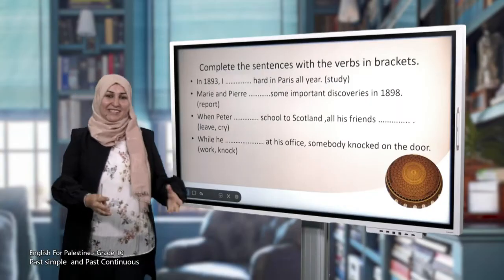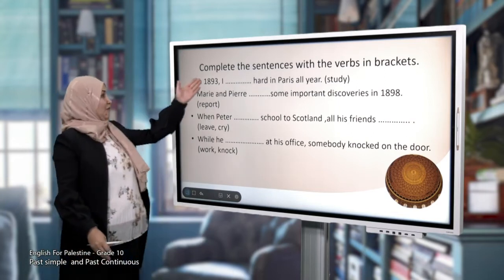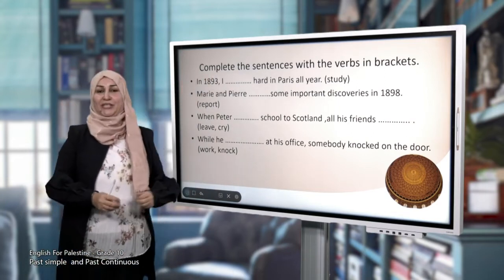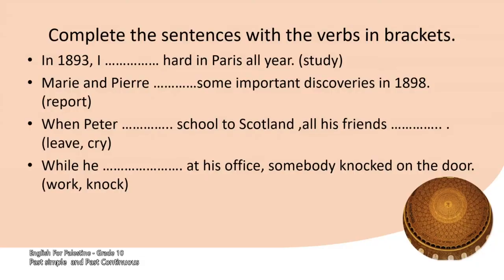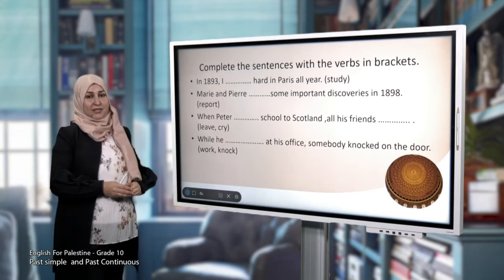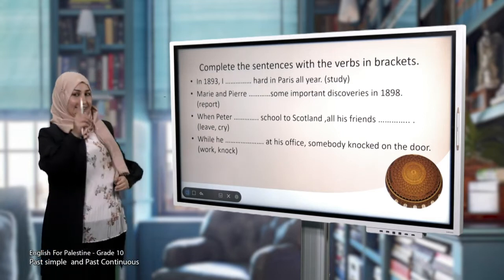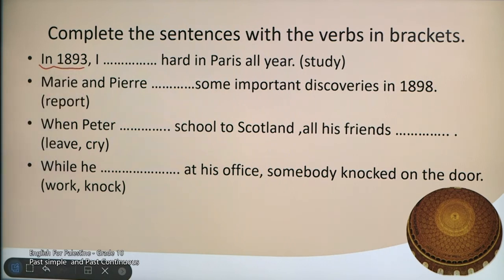Now, my dear students, let's together do this exercise. Complete the sentences with the correct verbs in brackets. Number 1. In 1893, I studied hard all year. The verb here is study. We have in plus date in the past.